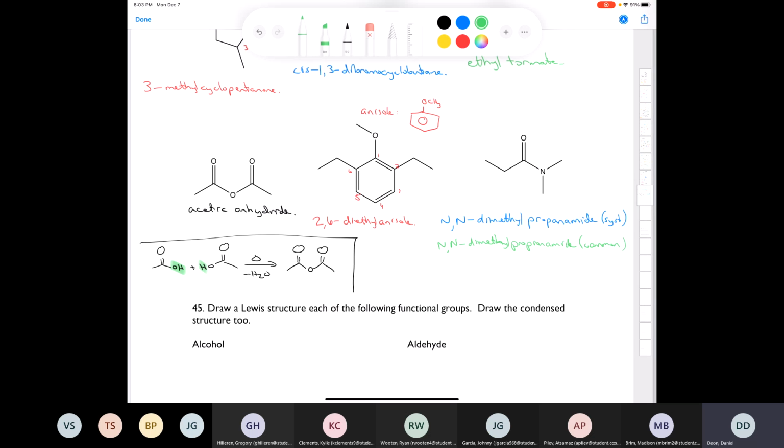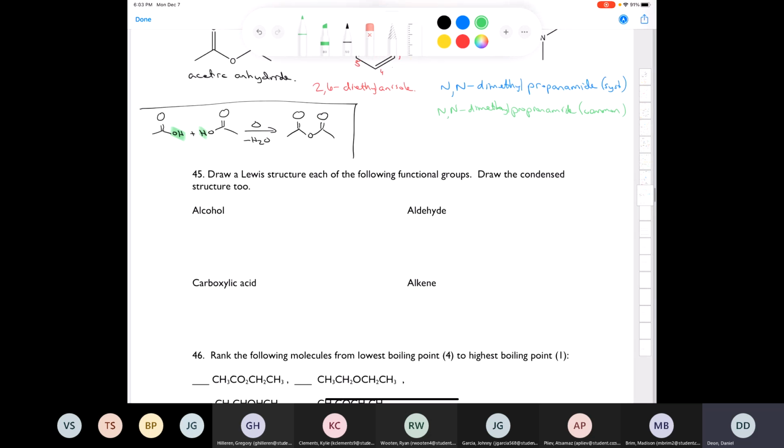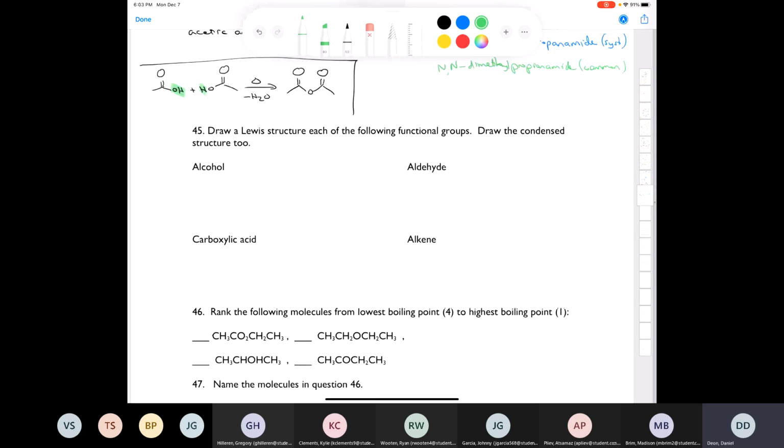All right, let's see here. Number 45 just asks us to draw the Lewis structure of each of the following functional groups. So if we draw an alcohol, we're going to have OH, so oxygen has 2 bonds, 2 lone pairs. We draw an aldehyde, we're going to have a carbon with a double bond to oxygen. Oxygen always has 2 bonds, 2 lone pairs, and we have a hydrogen attached.